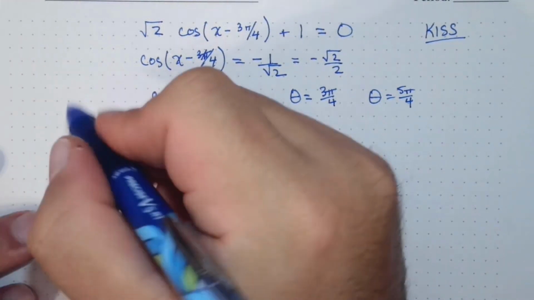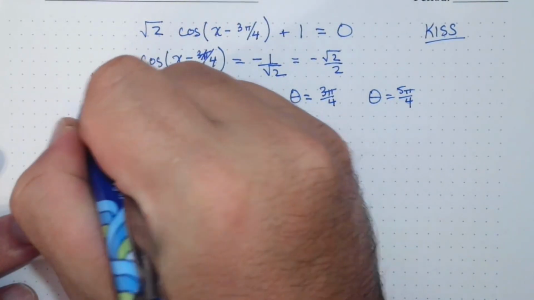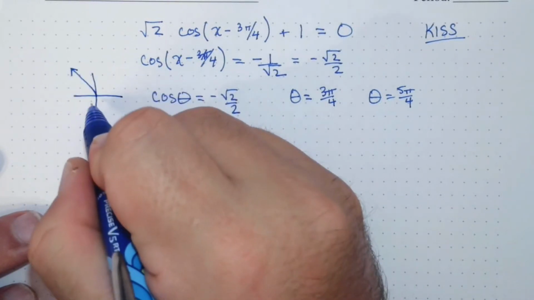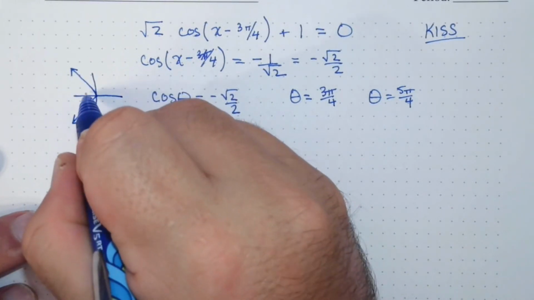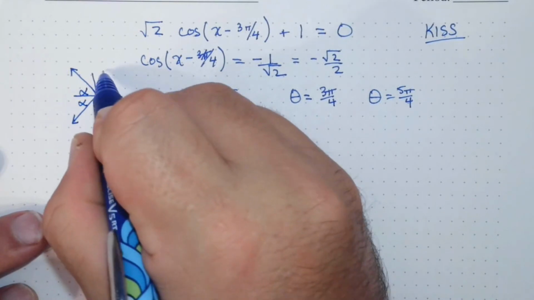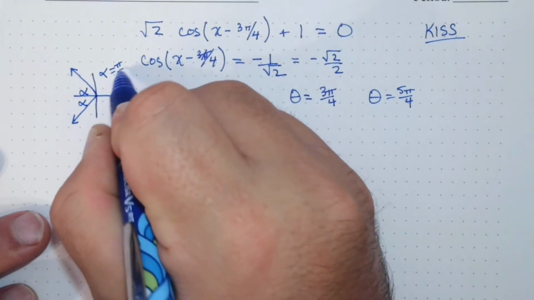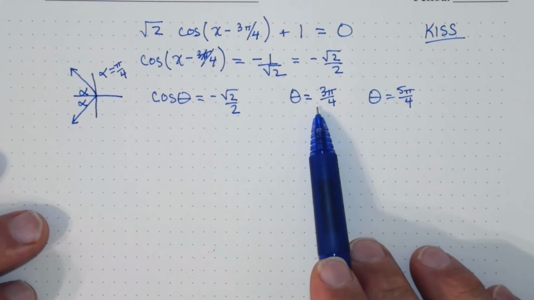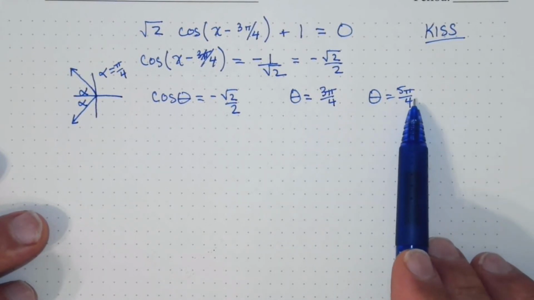Now, why is that? Well, let's consider where the cosine is negative, and that's in quadrant 2 and quadrant 3. Let's consider our reference angle, which is pi over 4. So in the second quadrant, my angle would be 3 pi over 4, and in the third quadrant, 5 pi over 4.